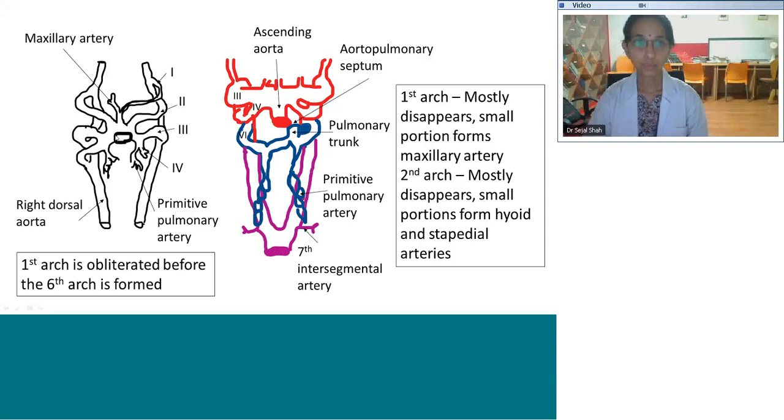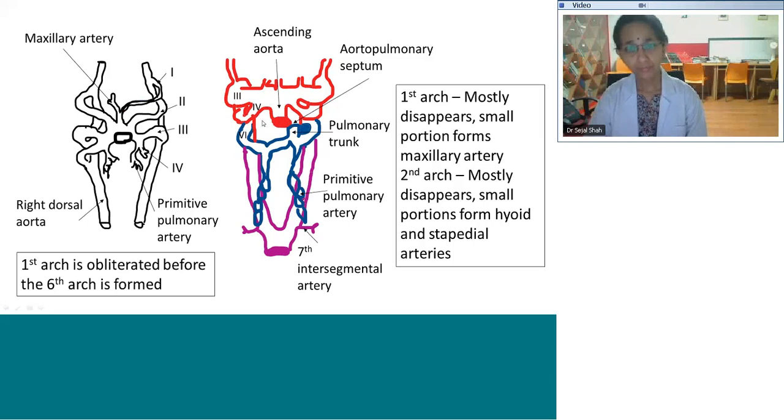So here we can see this is the opening of the aortic sac, which is connected to the truncus arteriosus, the right and the left horns, and then the arches which are undergoing lots of changes connected to the dorsal aorta. So here you can see the 1st arch is obliterated even before the 6th arch is formed. You can see the 6th arch is so primitive initially by the time the 1st arch disappears.